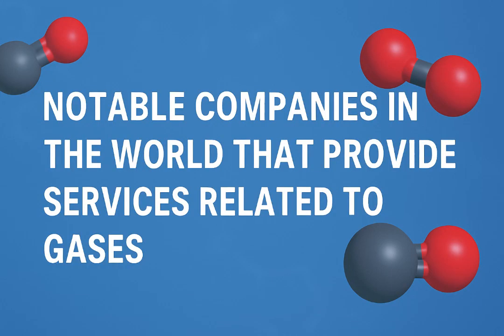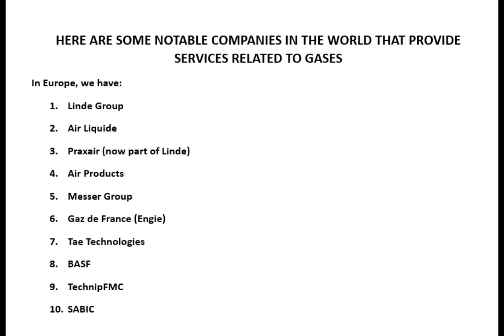Here are some notable companies in the world that provide services related to gases, including production, distribution, and equipment. In Europe, we have 1. Linde Group. Services: industrial gas production and supply, oxygen, nitrogen, hydrogen, etc., gas equipment, medical gases, and cryogenics.